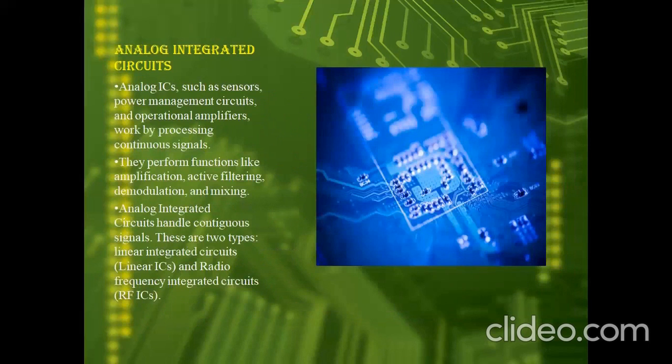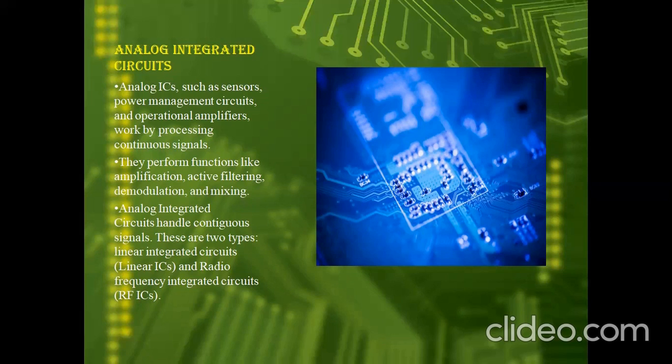Next one is analog integrated circuits. Some examples of analog integrated circuits are sensors, power management circuits, and operational amplifiers, in short op amps, which work with continuous signals. As we recollect, digital integrated circuits use binary 0 or 1, which is discrete in nature, whereas analog circuits use continuous signals.